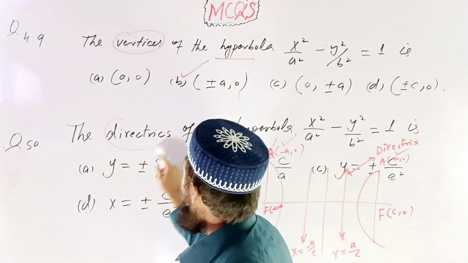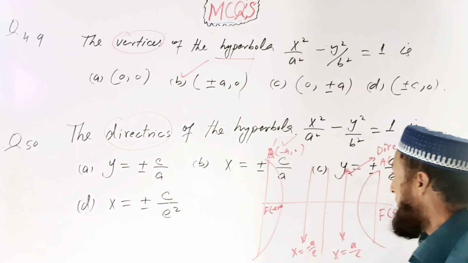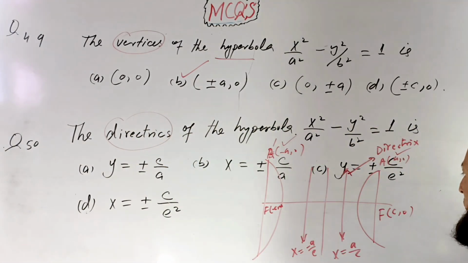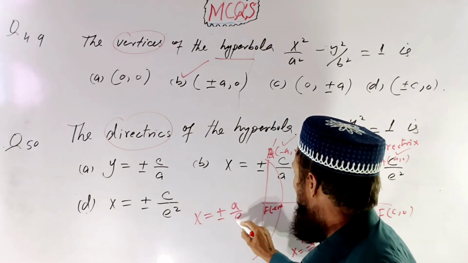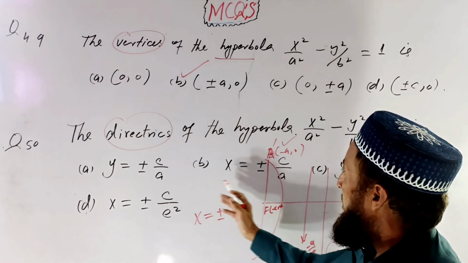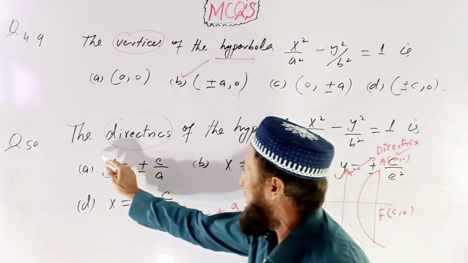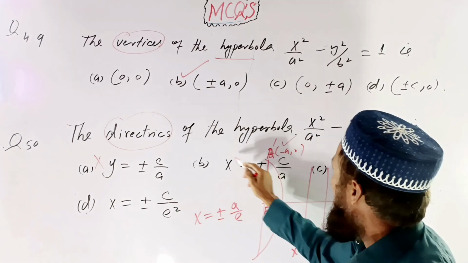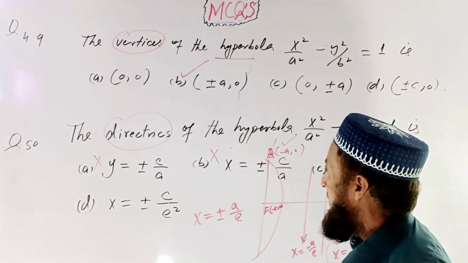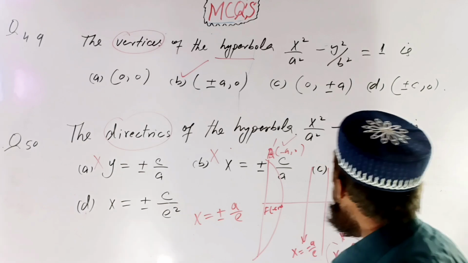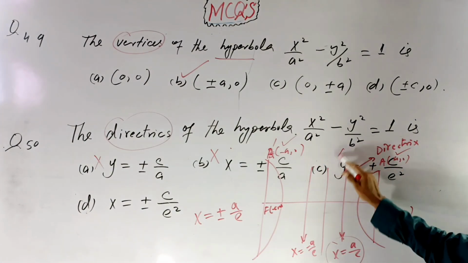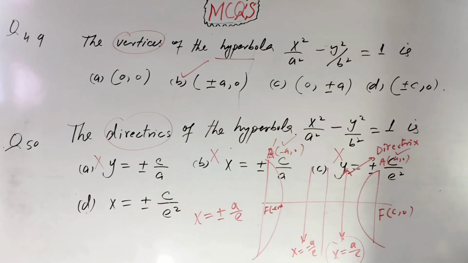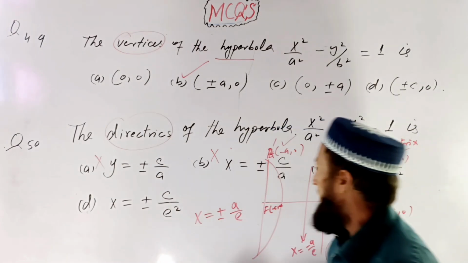So the directrix of the hyperbola is perpendicular to the transverse axis. As we know, the directrix is x is equal to plus minus A divided by E. But among the options, y is equal to c divided by A is not correct, and x is equal to c divided by A is also not correct. And x is equal to c divided by E square.